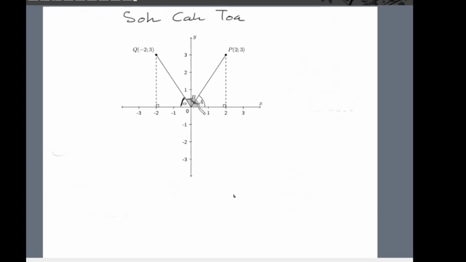Right, now to calculate alpha, if we have a straight line, the sum of the angles in a straight line is 180 degrees. Why?